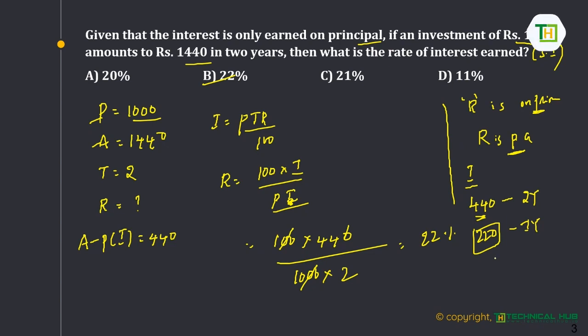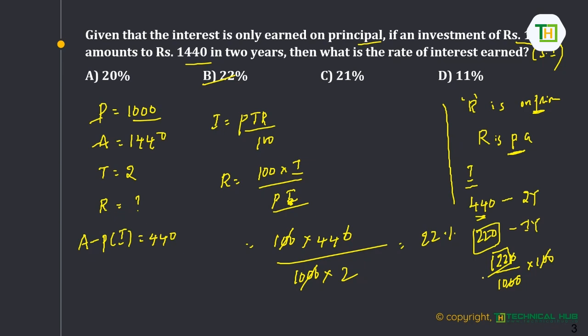Okay. So rate is always calculated on the principal. So 220 is the interest for 1 year. So what is the principal value here? So 1000 into 100. Here three zeros get cancelled. Then what is the rate of interest? 22%. Remember, R is always calculated on the principal and R is always per annum only. That's why I'm calculating the 1 year interest.